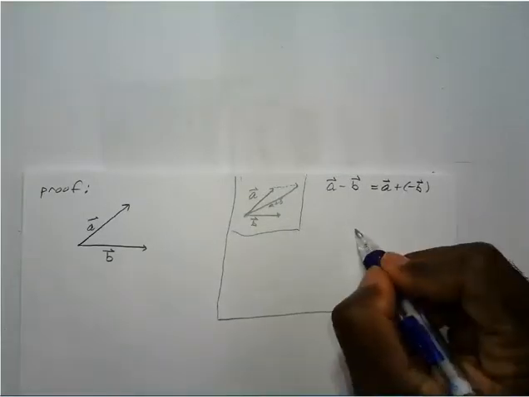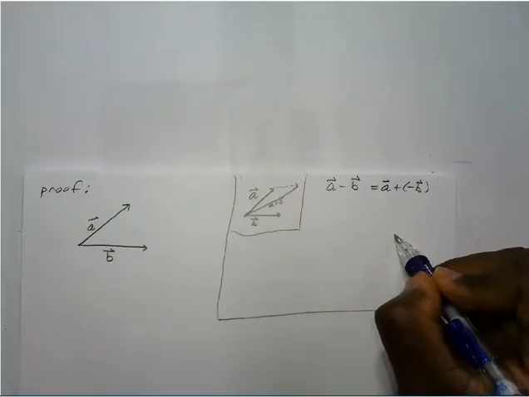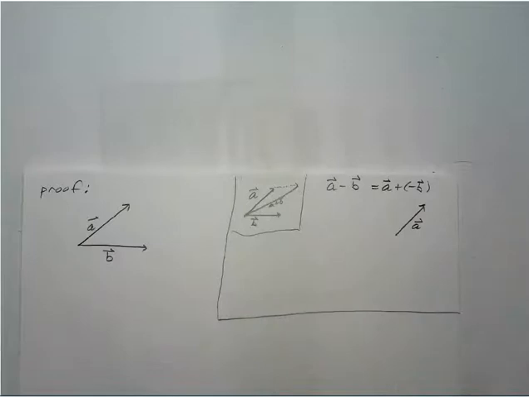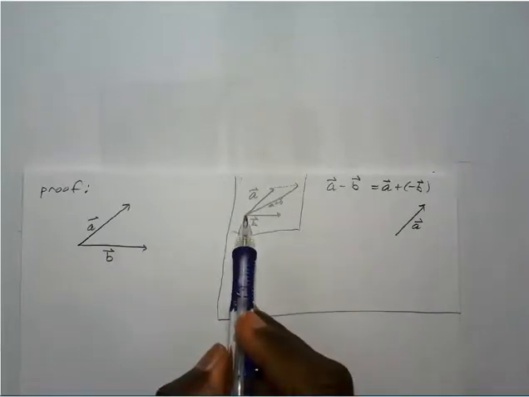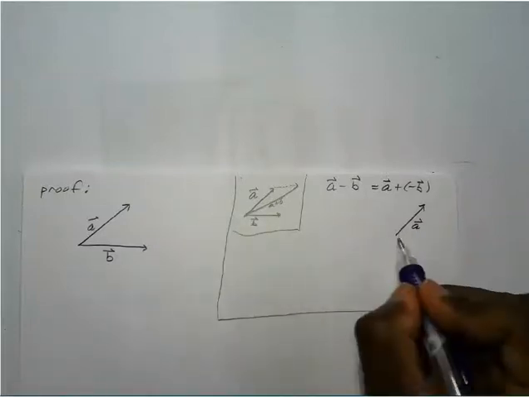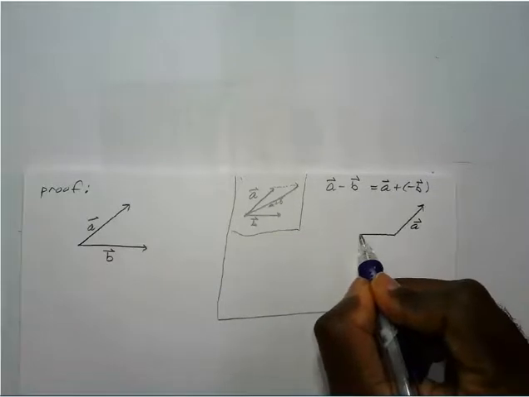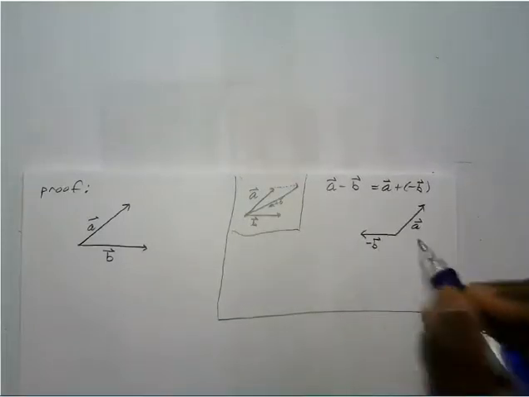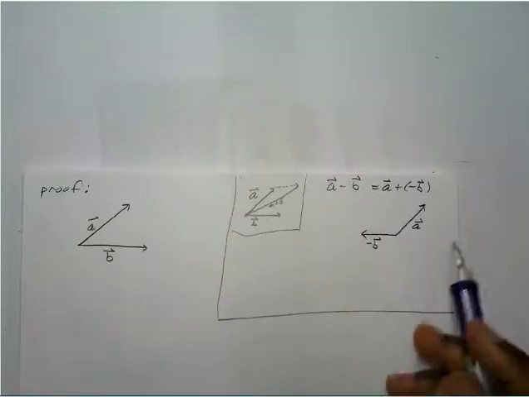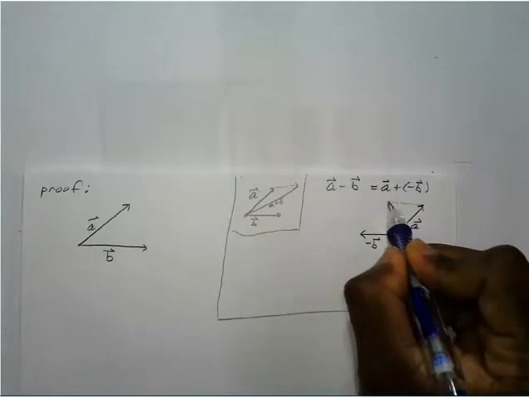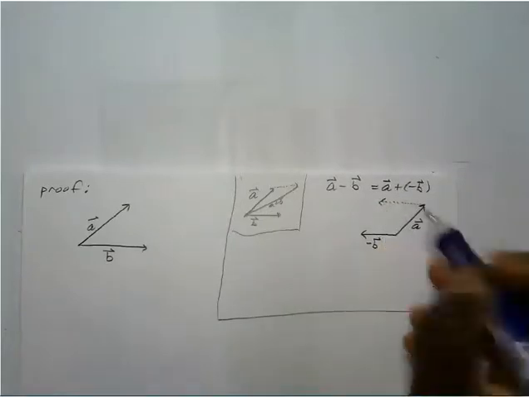Okay, so if we have vector A here, plus negative vector B, remember, the negative of a vector is the same length but goes the opposite way. So negative vector B would go this way. So A plus negative vector B would go this same direction.